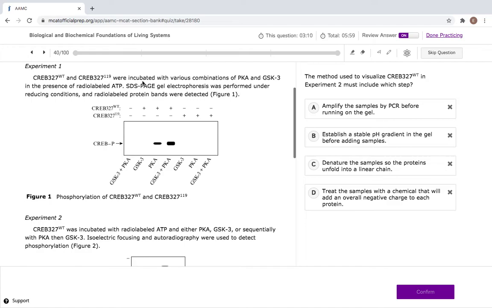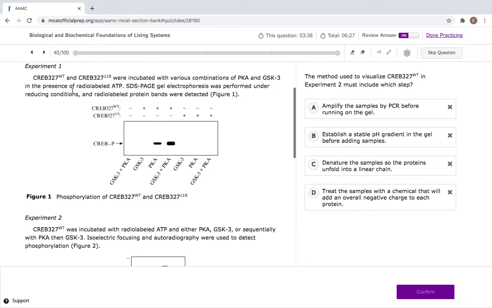SDS-PAGE gel electrophoresis was performed under reducing conditions, and radio-labeled protein bands were detected. These bands represent phosphorylation.